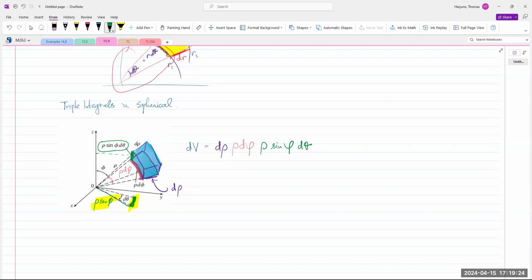So my dV can be re-expressed as rho squared sine phi d rho d phi d theta.